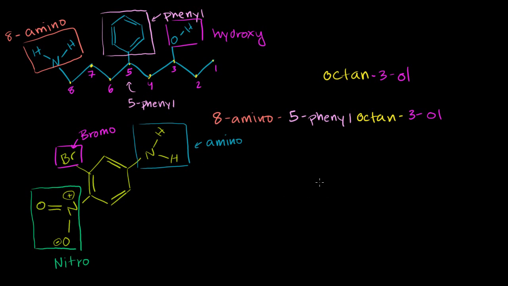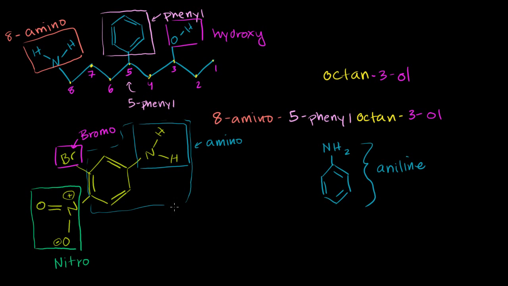If I have a benzene ring attached to an amino group, so that's an NH2 right there, we call this molecule, and this is just the common name for it, and it's something to put in your toolkit, aniline. So that will be the base name. This whole thing we call aniline.